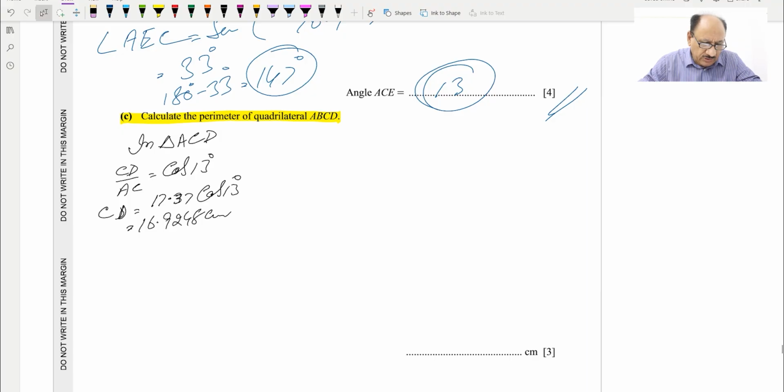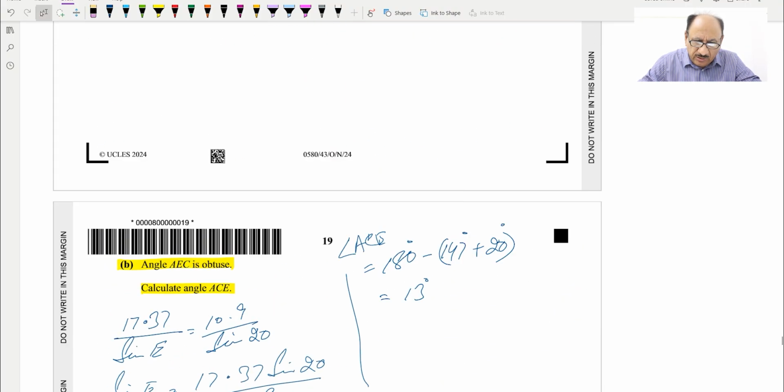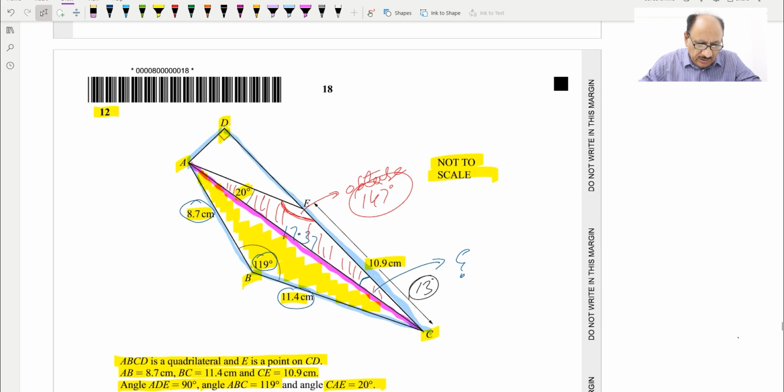And we found CD. Now after CD we require what? We require AD as well. So AD we can find.